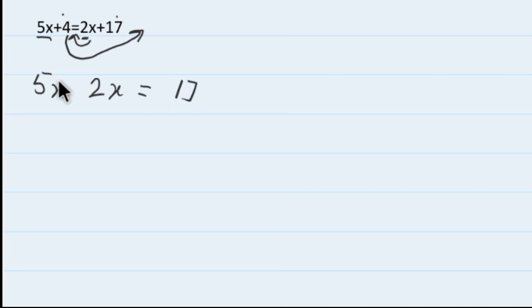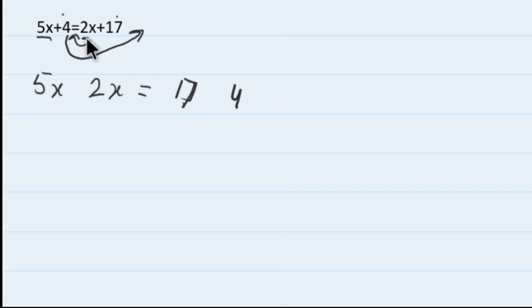We do not need to move 5x and 17, because 5x is already on the left hand side. We simply move 2x to the left hand side, and we also do not need to move 17 to the left hand side, because we need like terms 4 and 17 on the right hand side. Since 17 is already on the right hand side, we only need to move 4 to the right hand side.